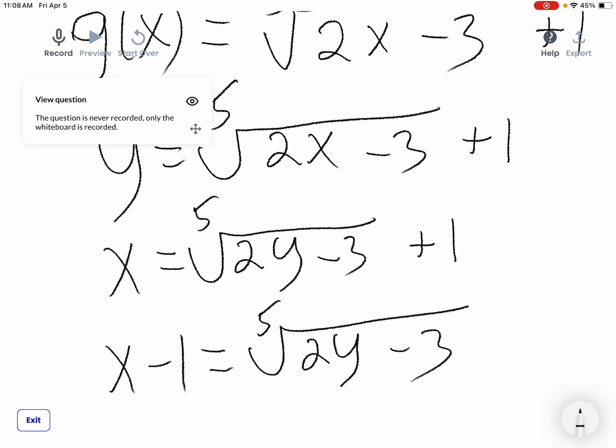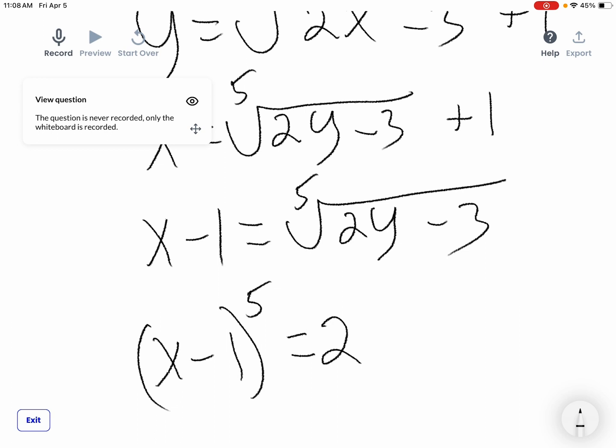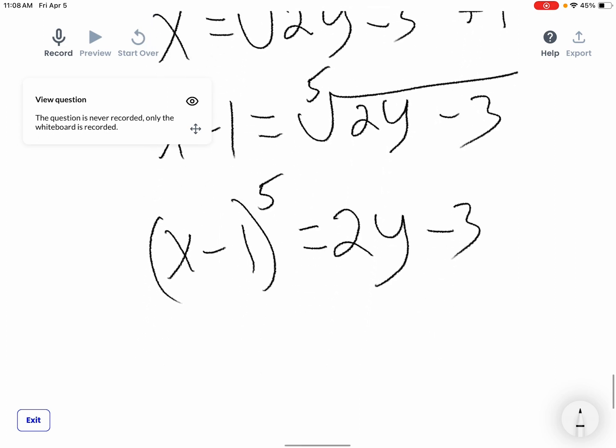To get to y, we can take both sides to the fifth power. So we'd have x minus 1 all raised to the fifth power would be equal to, well, the fifth root of something to the fifth power is just whatever is underneath that root. So it's going to be equal to 2y minus 3. Again, solving this for y, let's get to the y term. We have 2y minus 3.